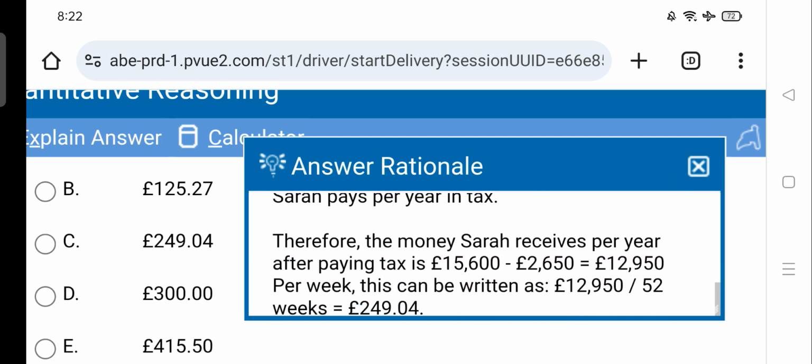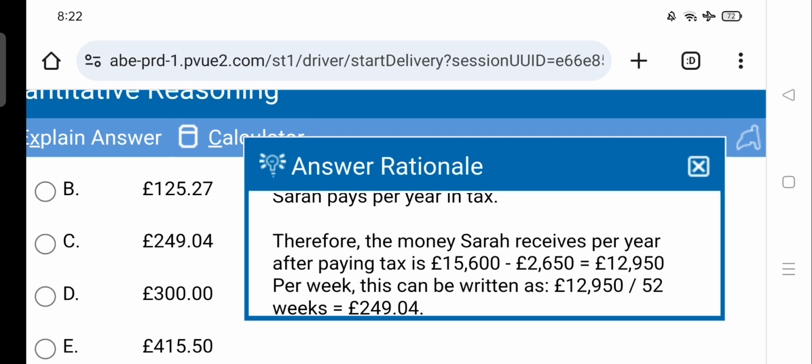Therefore, the money Sarah receives per year after paying tax is 15,600 pounds minus 2,650 pounds equals 12,950 pounds per year.